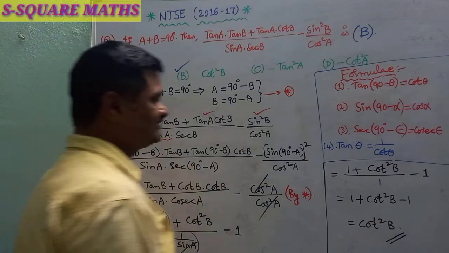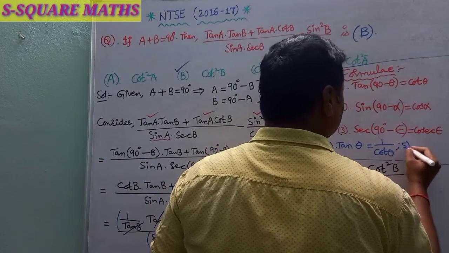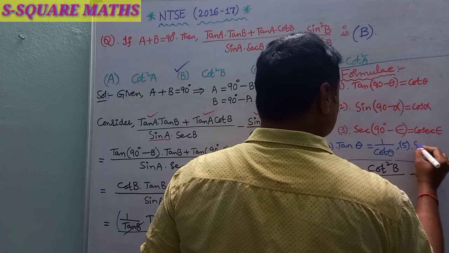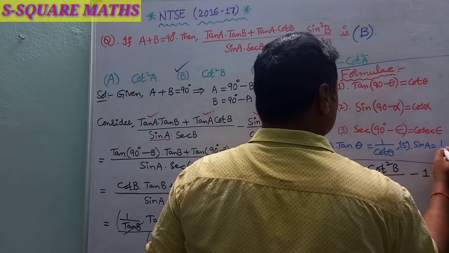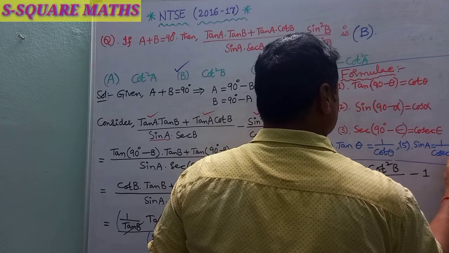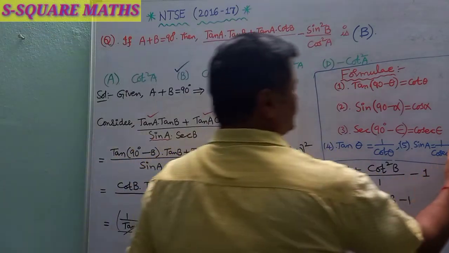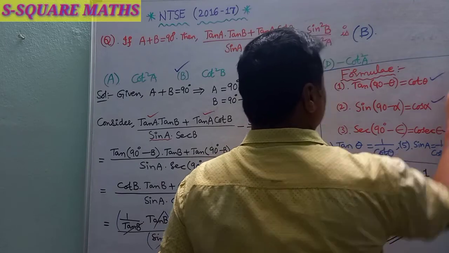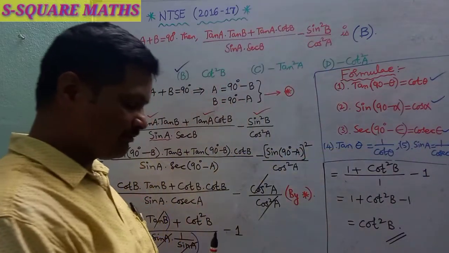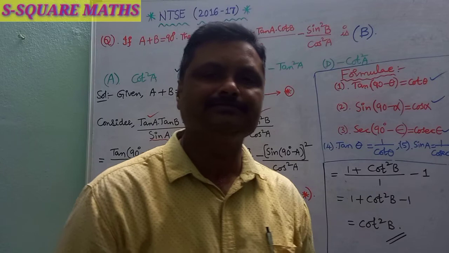Next, also sin A is equal to 1 by cosec A, or cosec A is equal to 1 by sin A. So in this way I have applied all the total 5 formulae of trigonometry.